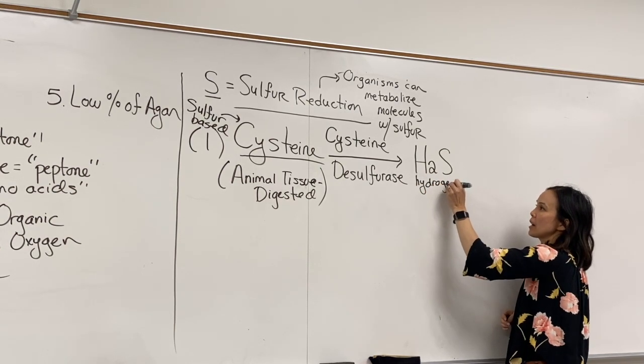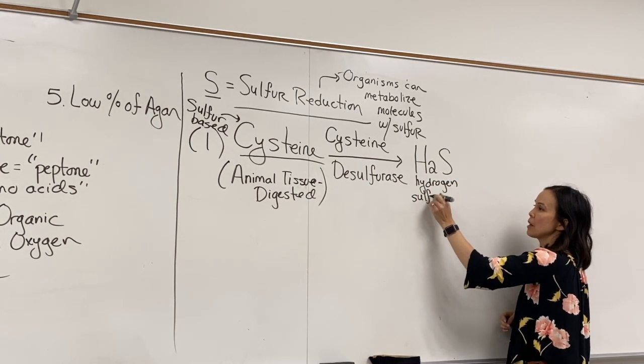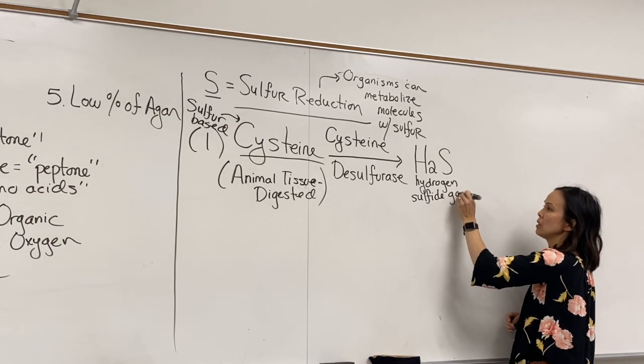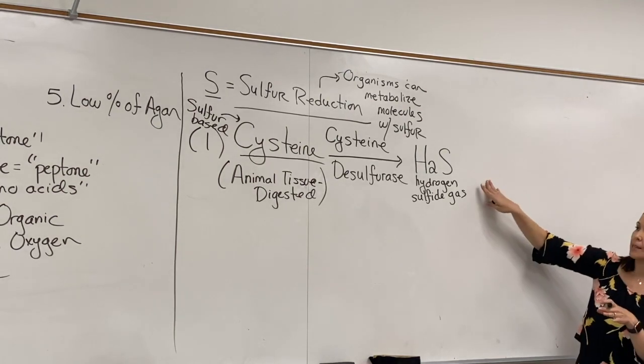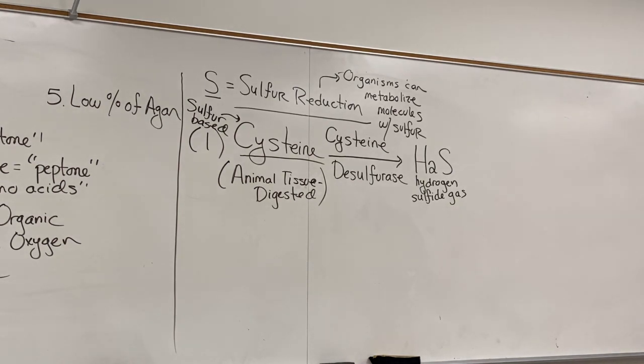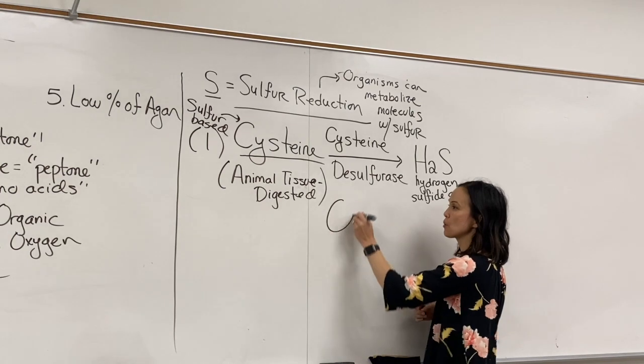It'll probably smell a little bad today too, that hydrogen sulfide gas. And then the only thing that makes this lab a little bit different is, we have the cysteine in there, yes, but we have another option, so I'm going to put an or.